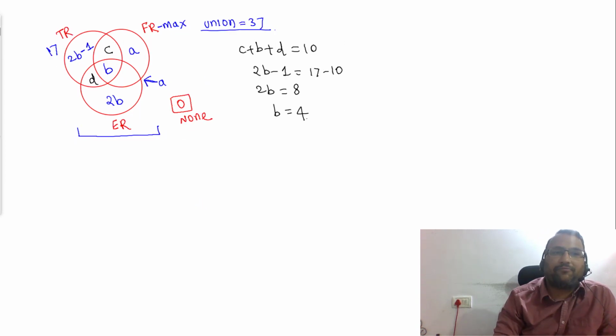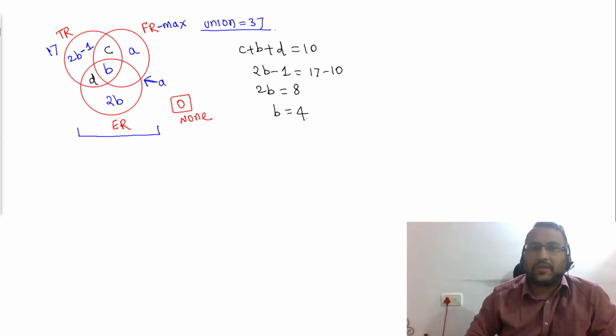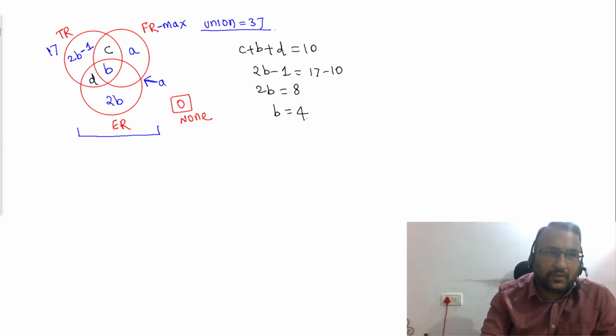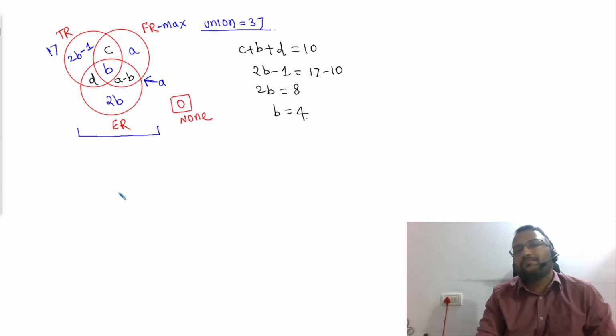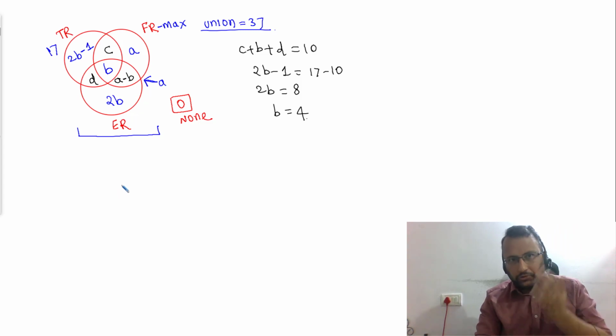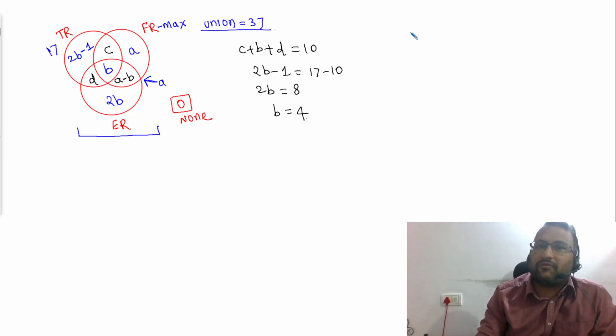So we got the value of B is equal to 4, everyone. After this, we know the total number of volunteers is 37. Let's have a look at it. The value of this portion is equal to A minus B. The total of the TR circle is 17.